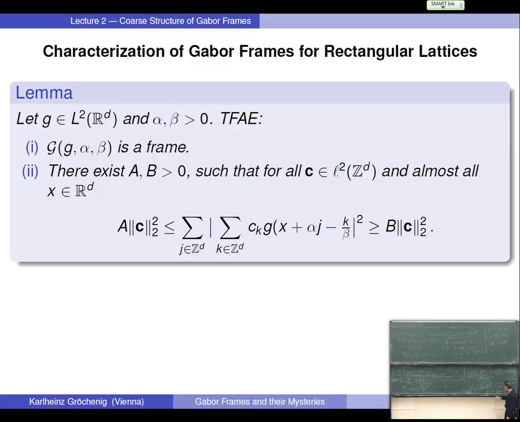And then I integrate over the cube. Now the 2 norm of each of these functions is the sum over l, so I have the sum over k, sum over l of the absolute squares here. So that is, up to I think a factor alpha, the 2 norm of the coefficients.